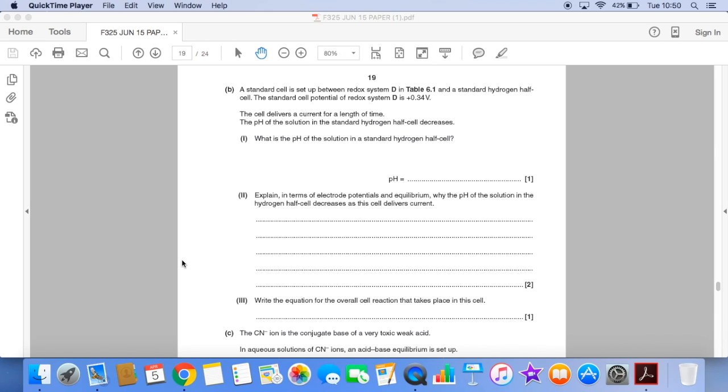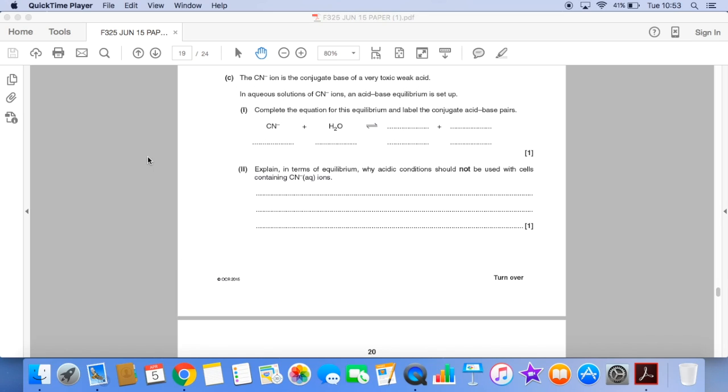And then we have to combine the 2 half cells to create the overall cell reaction taking place in the cell. Now we've got the part of the question that deals with acids and bases. So we're told that the cyanide ion is the conjugate base of a very toxic weak acid. In aqueous solutions of cyanide ions, an acid-base equilibrium is set up.